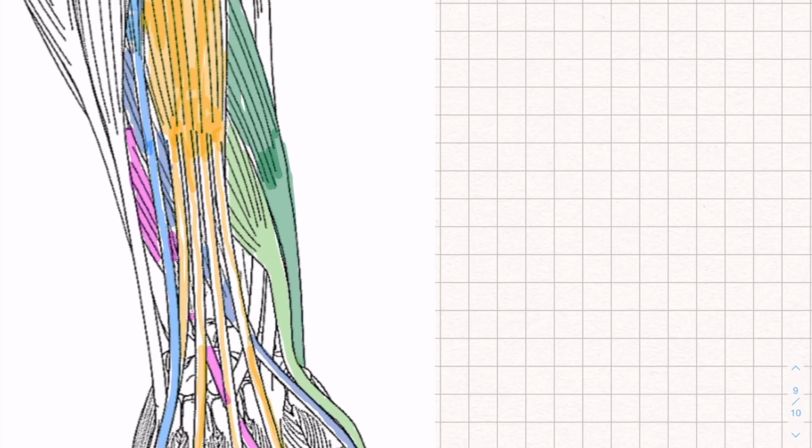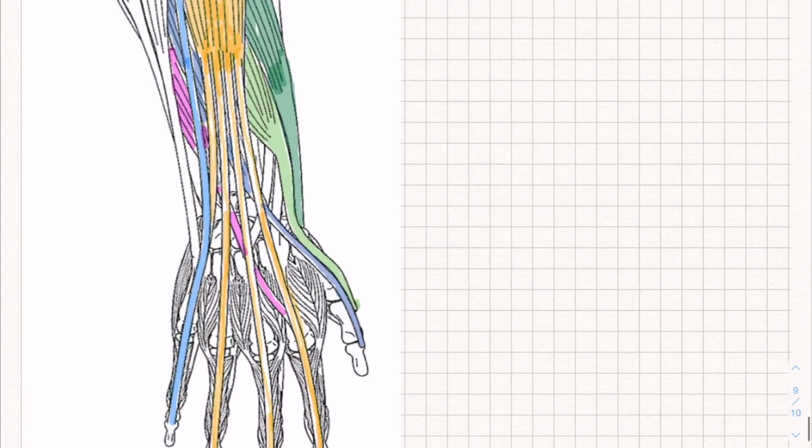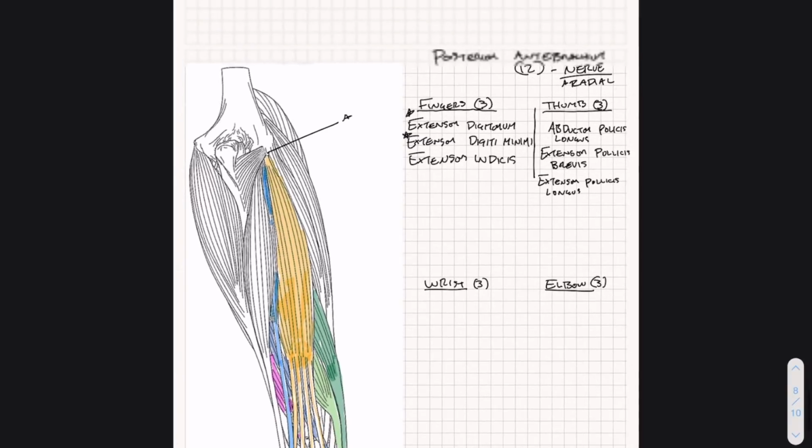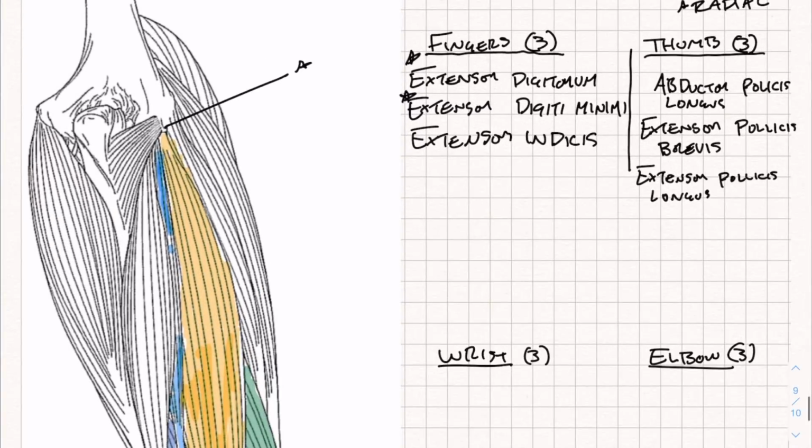Kind of goes up here. So extensor pollicis longus. And these things are all in your book, and I'll have terrible handwriting, so you can follow along if you need to. For the thumb, we make what's called a brevis sandwich, just kind of a memory technique.